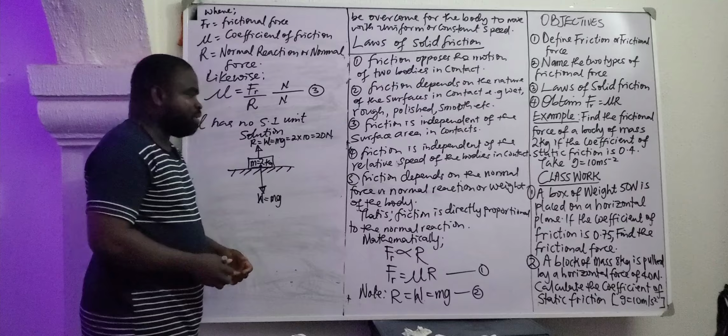While dynamic or kinetic friction is the maximum force which must be overcome for the body to move with uniform or constant speed.